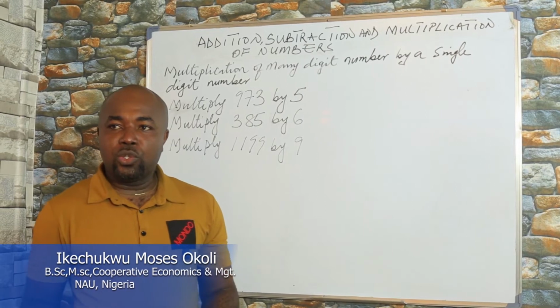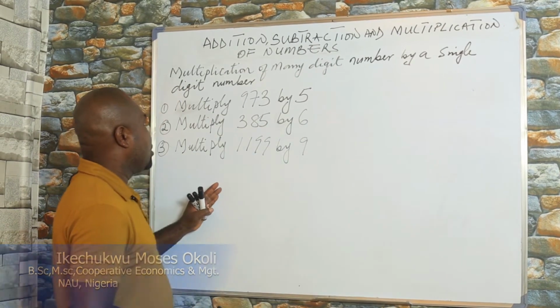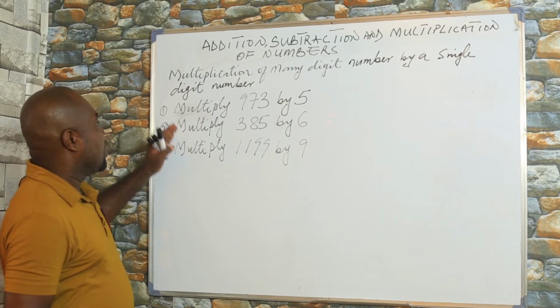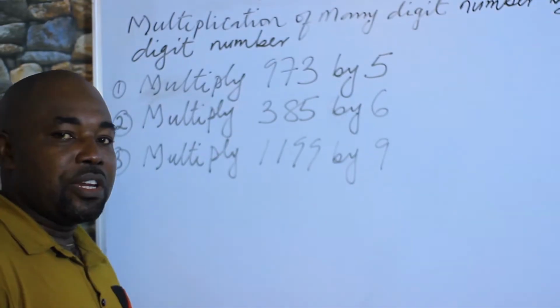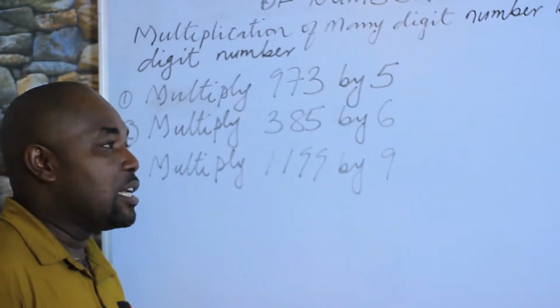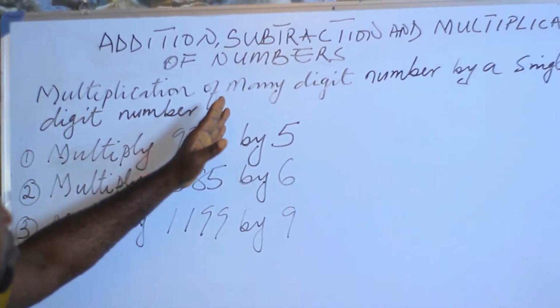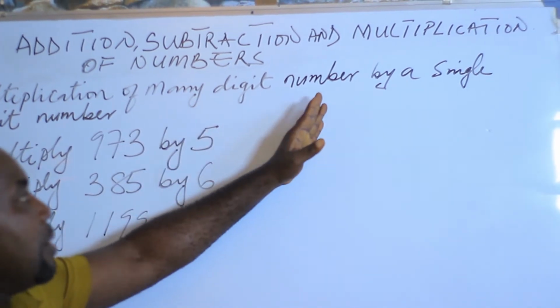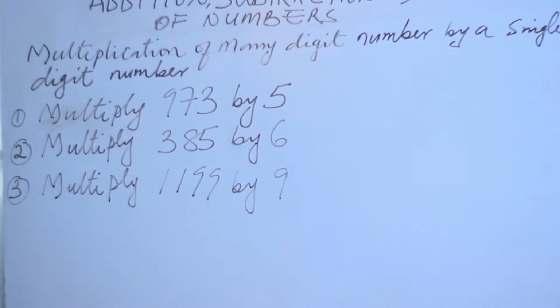Now we shall go into the multiplication of numbers. If you watch here on the board, you will see that I have put down about 3 questions to solve, or 3 examples for us to look at to explain multiplication of numbers. Here it is multiplication of many digit number by a single digit number.